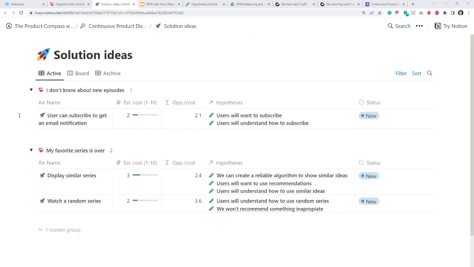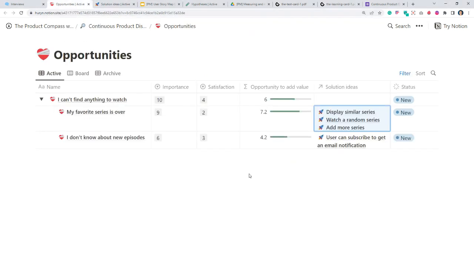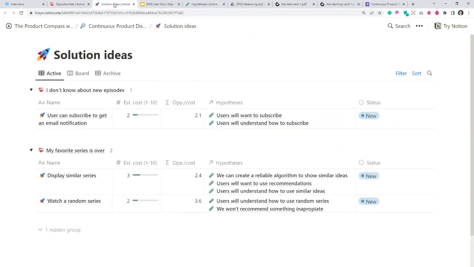And how we can select the idea for implementation is by dividing how much value can be created by solving this opportunity. So in this case, this is my favorite series is over. The potential value that we can create is 7.2, but also how costly, how much effort we need to put into solving this problem.